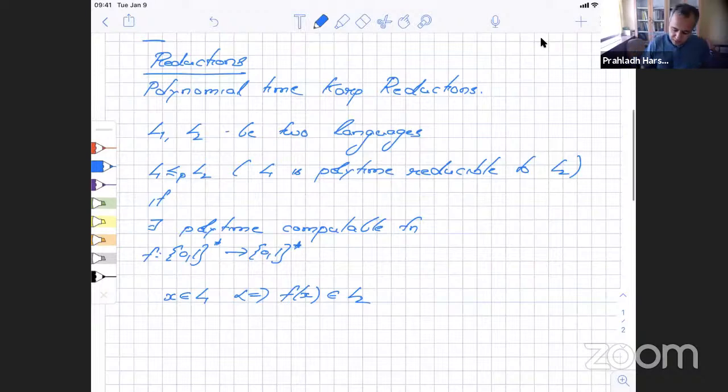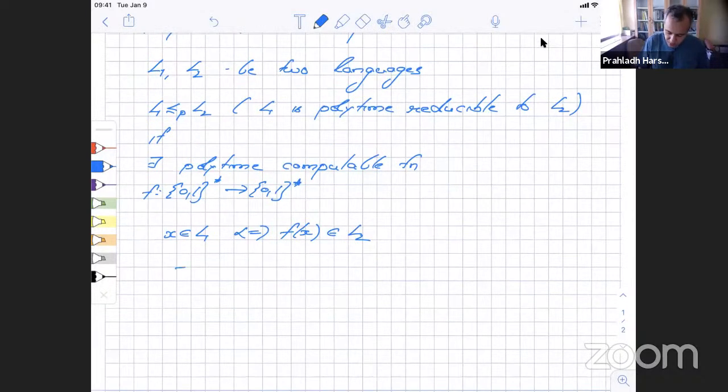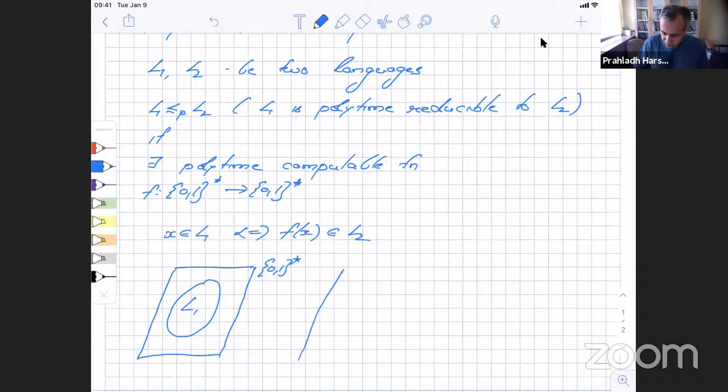So let's just look at this. Let's look at one world in which you have {0,1}*. This is L1. L1 is this subset of strings. And then you have another {0,1}*, and you have L2 over here.